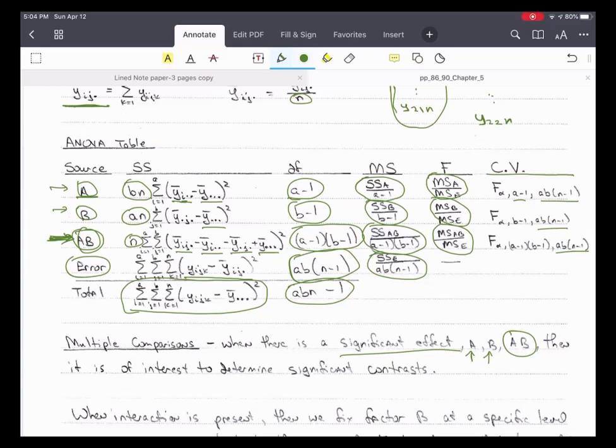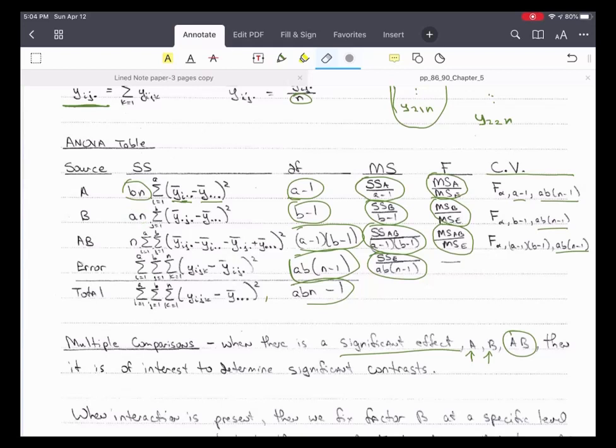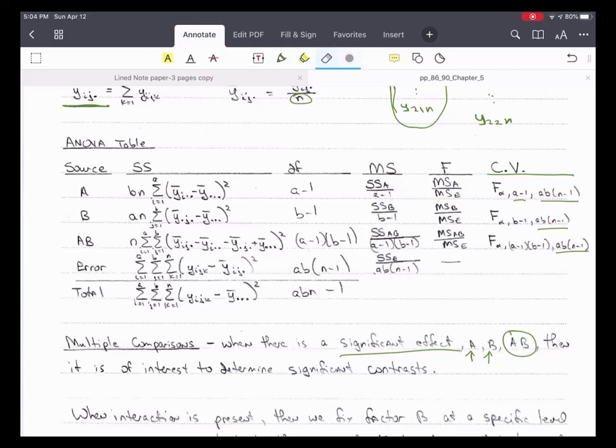Now, if there's an interaction, here's another thing. It's a practical thing. If the interaction is present, you never remove the underlying factors for that interaction. So in this case, we only have two factors, okay?